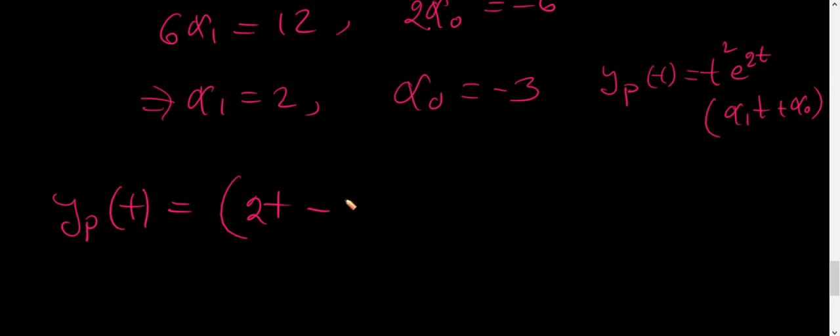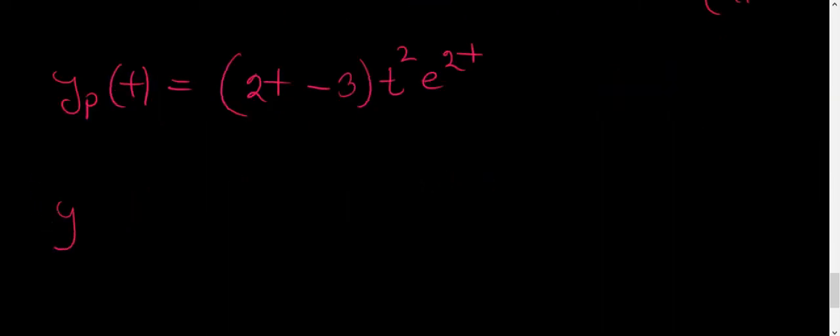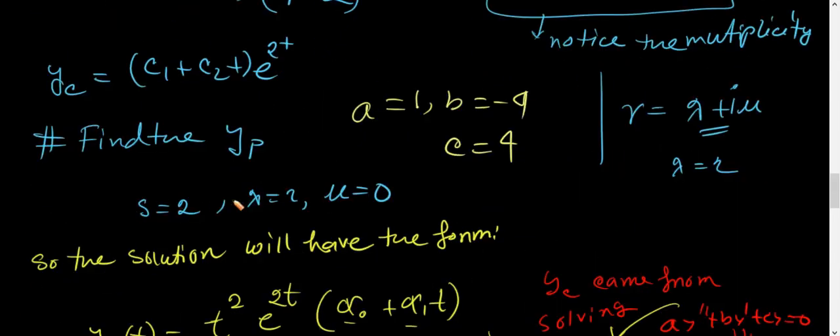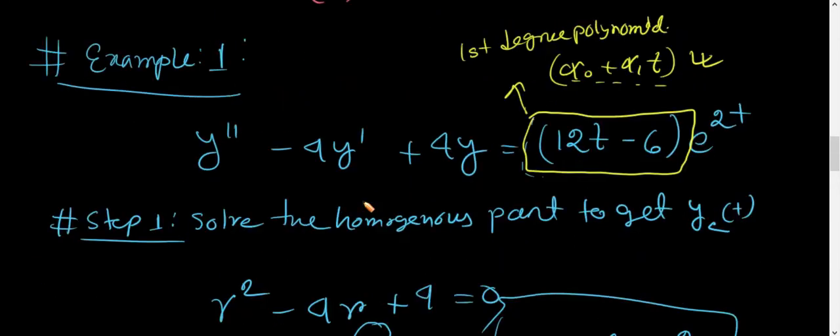So there will be 2t minus 3, then there will be t square e to the power 2t, and finally the full solution y of t will be just yc plus yp, and up to this point you are done. So this is how you can easily solve some nice equations.